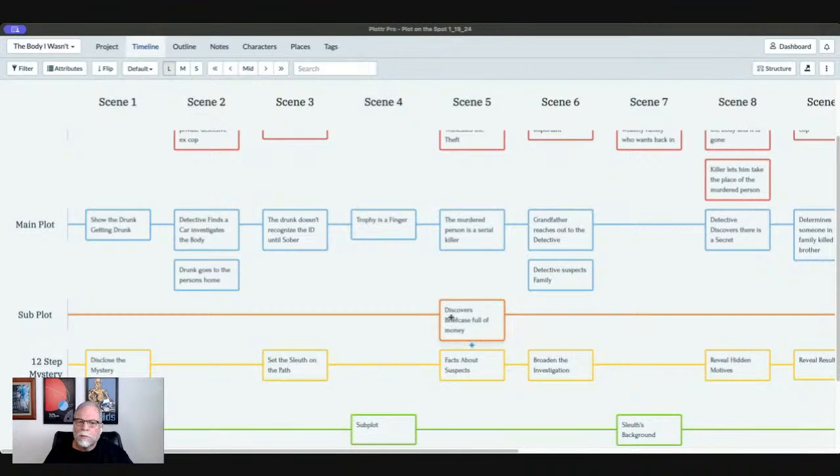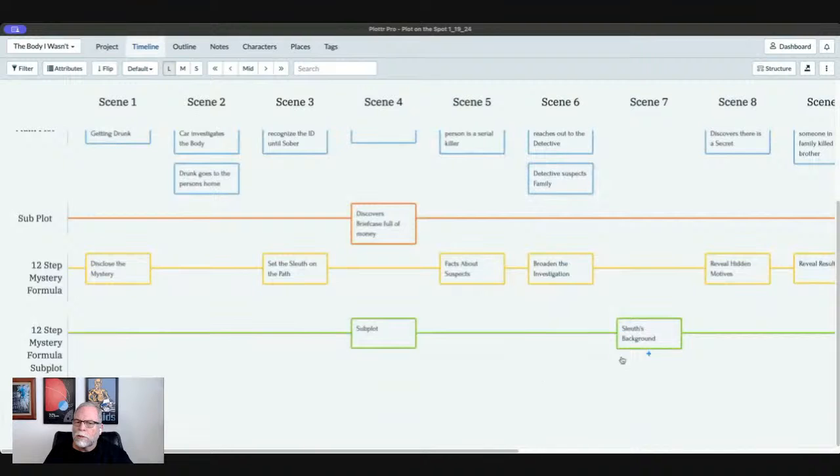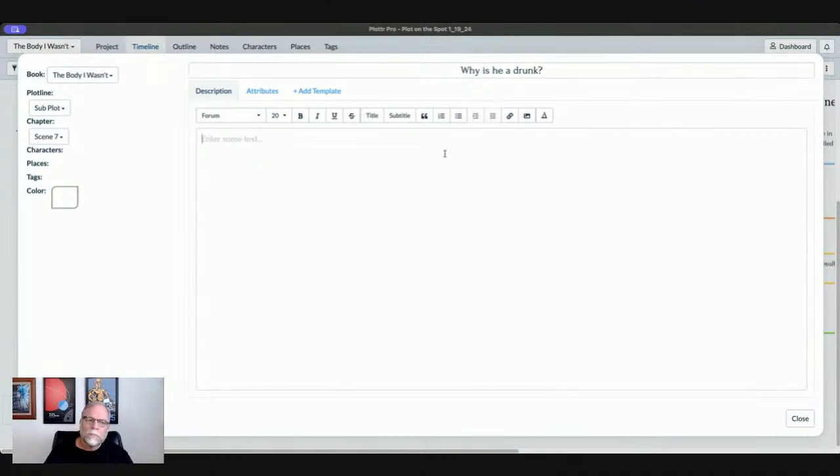Okay. So some of the subplot things that could happen here is he discovers a briefcase full of money. Well, what does he do with that money? Now, if we look some more at the sleuth's background, maybe we look at why is he a drunk? And what we would do with this in the subplot is we would use this to make the case more personal.